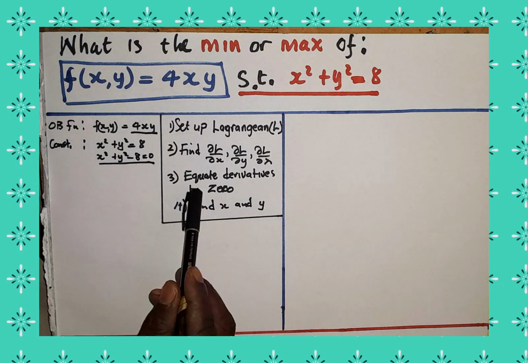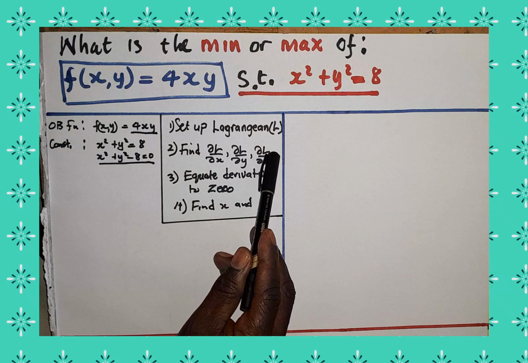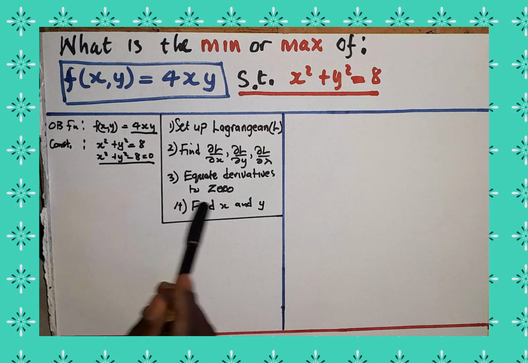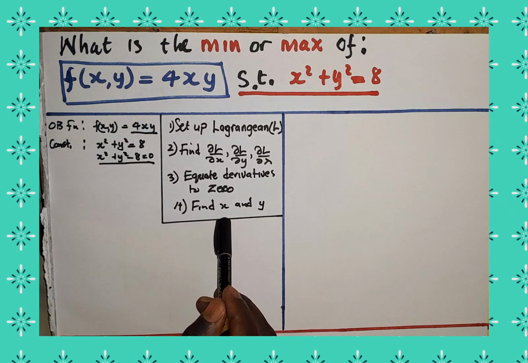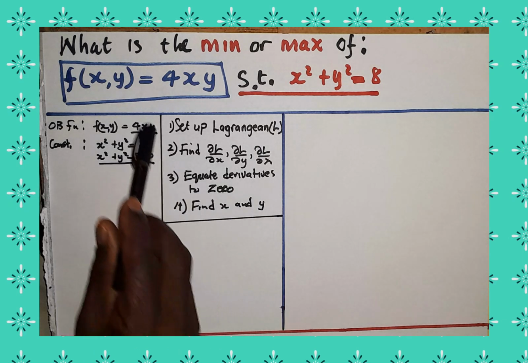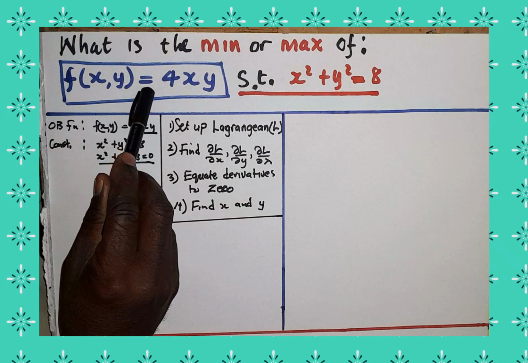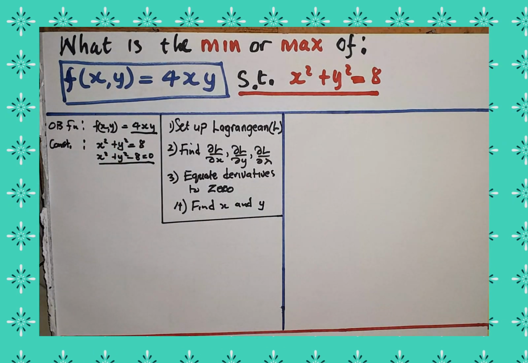Thirdly, we then equate these partial derivatives to 0. And finally, in step number 4, we use those equations to find the values of x and y that optimize our function. So let's go straight to step number 1, set up the Lagrangian.